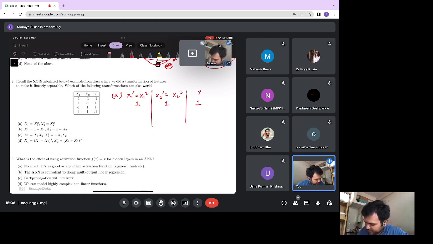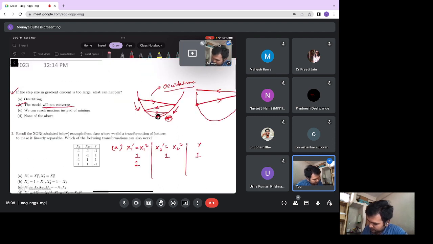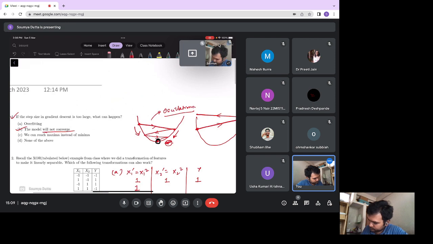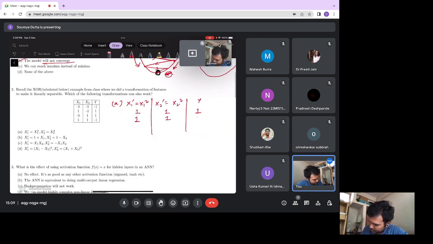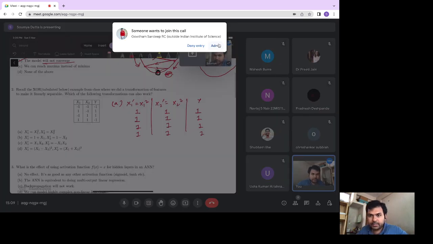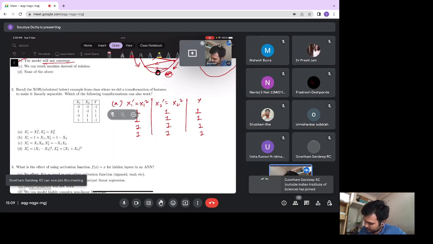For the second case, x1 hat would be 1. Since you are taking a square, all of them will essentially become equal to 1. Sorry, this will be -1 and this will be -1. These are the two classes that you want to separate out.